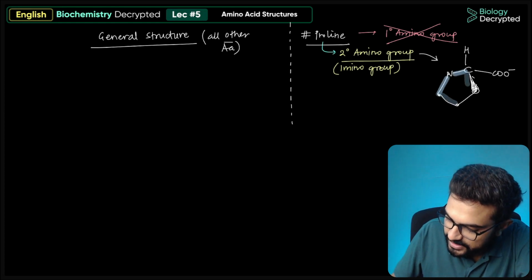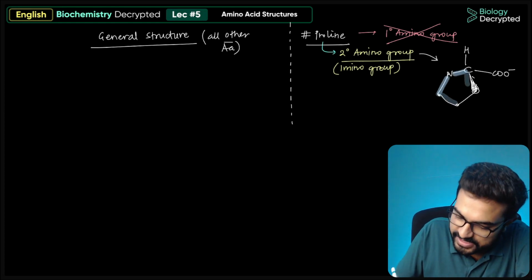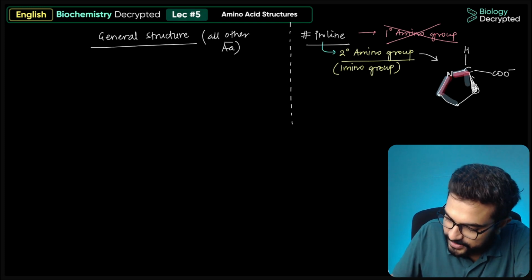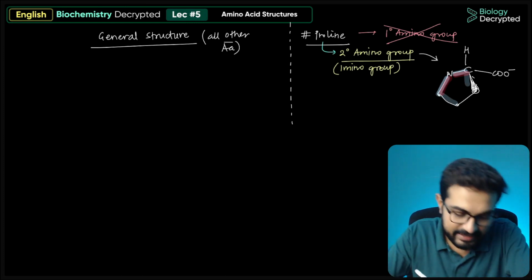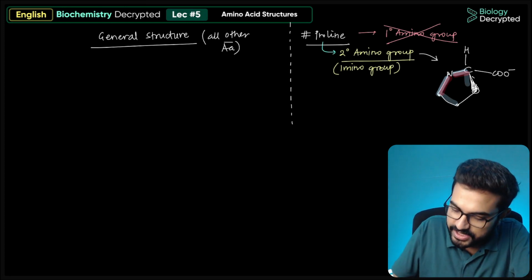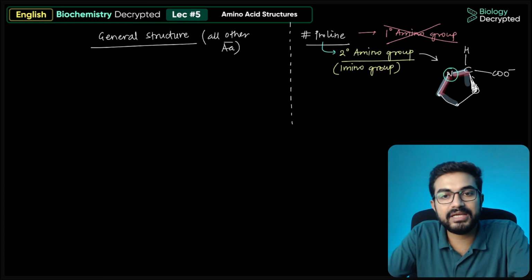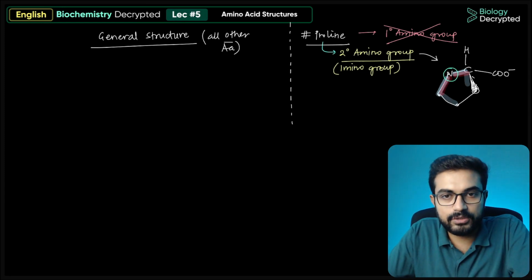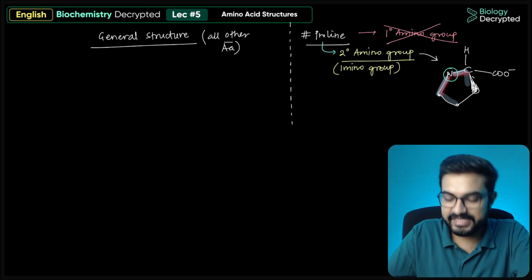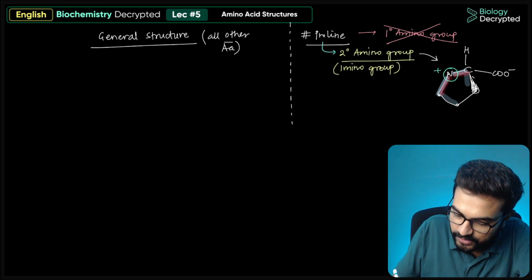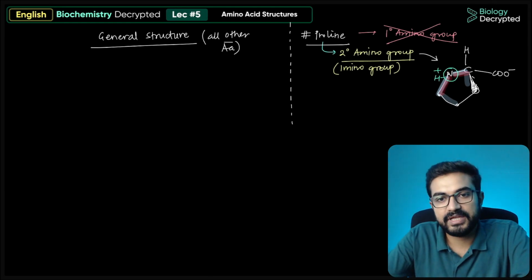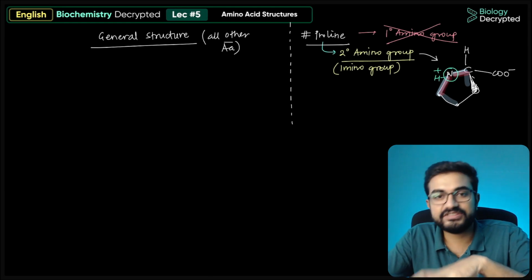This is one R group, and this is another R group. Therefore we can say that this nitrogen is not a primary amino group. This is a secondary amino group. So this will have a positive charge with a hydrogen bonded to it. This is how we have the structure of proline.